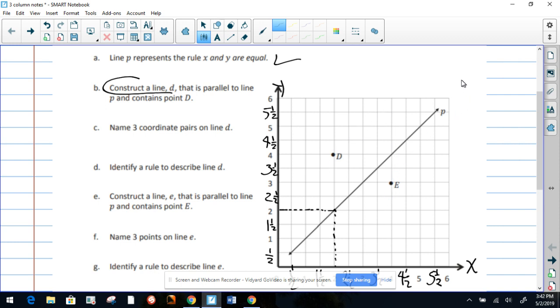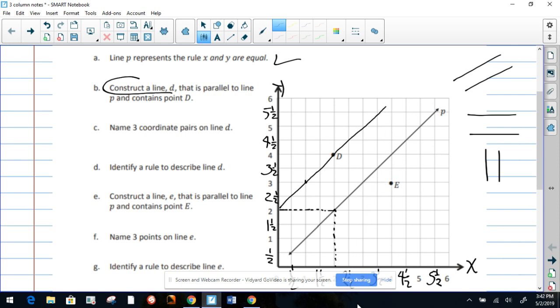And parallel lines, just to review a little bit, parallel lines never meet. They can be diagonal, horizontal, or vertical. In this case, I know that another point that we need right here for that line D has to go there. So this is how I know the line goes there, because it has to cross all those points and it has to be parallel to P.